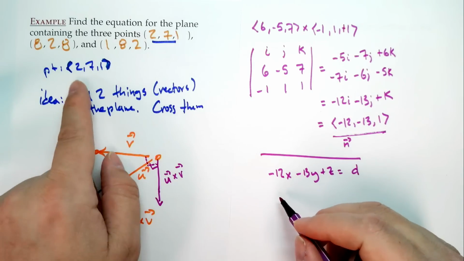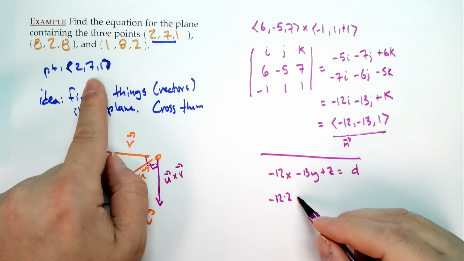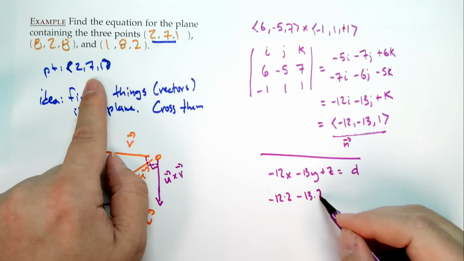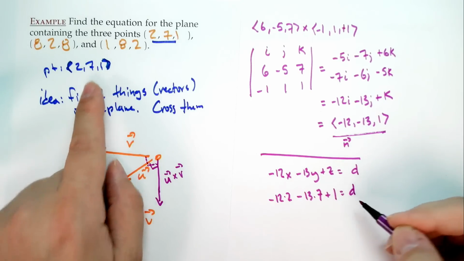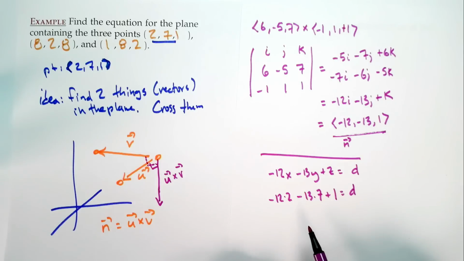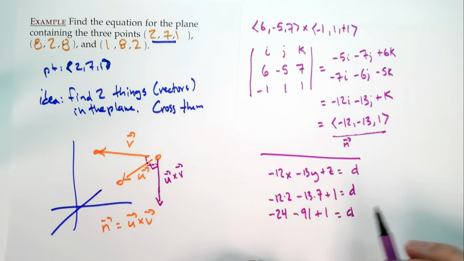So x equals 2, so it'll be -12 times 2 minus 13 times 7 plus 1 equals D. And that's minus 24 minus 91 plus 1, which is a number.